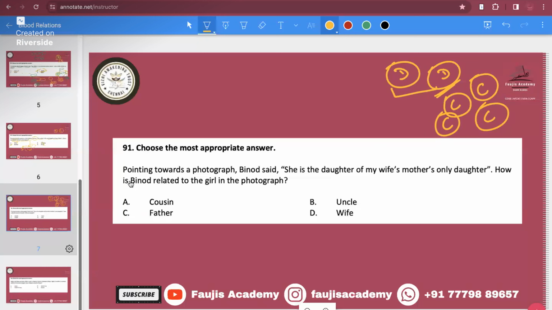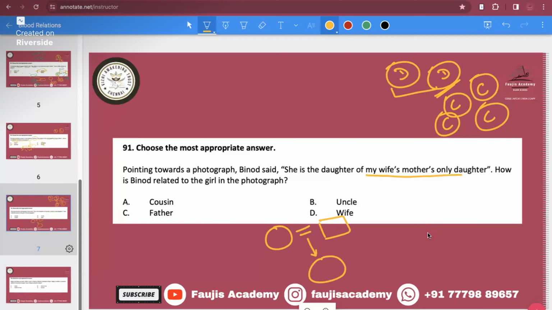Okay, let's try to solve it. Pointing towards the photograph, Vinod says, she is the daughter of my wife's mother's only daughter. So there is some person, and obviously they will have a father and mother. We came to the conclusion that husband and wife should be represented with a sign called equal to. Let's solve this one.